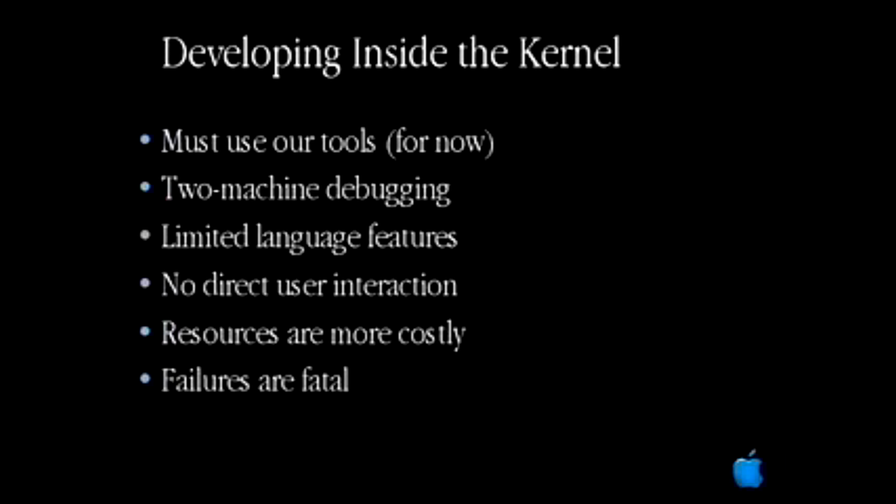There are very limited programming language features within the kernel. As I mentioned, IOKit uses C++ as the way the frameworks are implemented, but it's a very restricted usage of C++, something that has been termed embedded C++. But there are other programming language limitations that exist within the kernel.